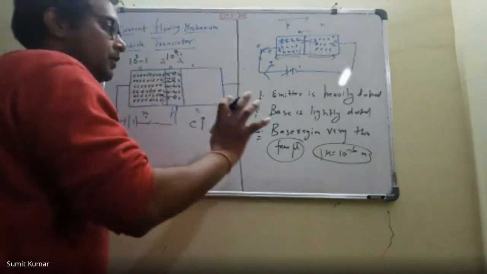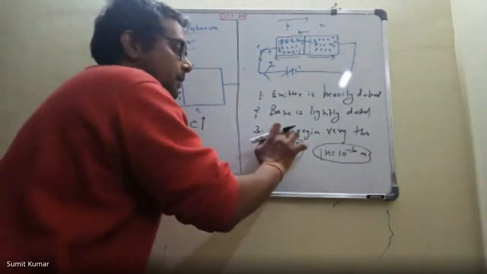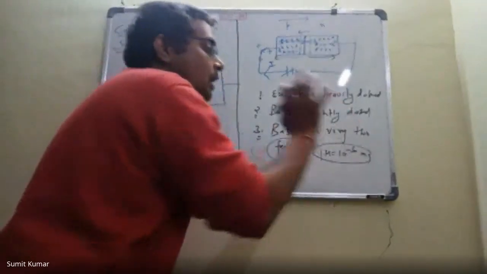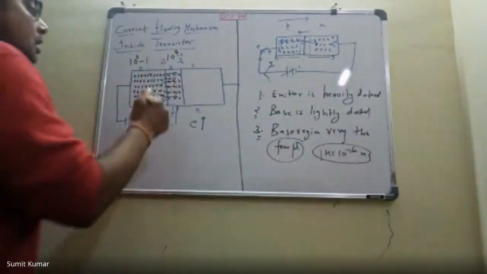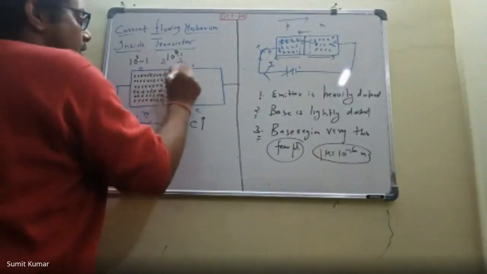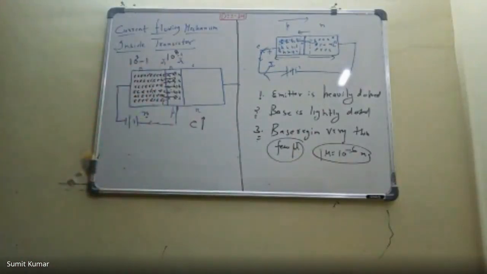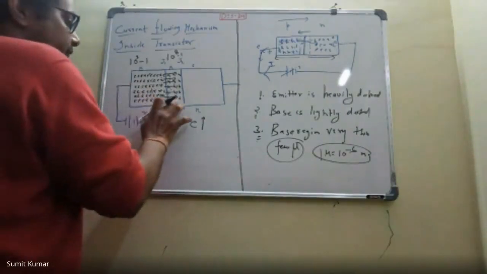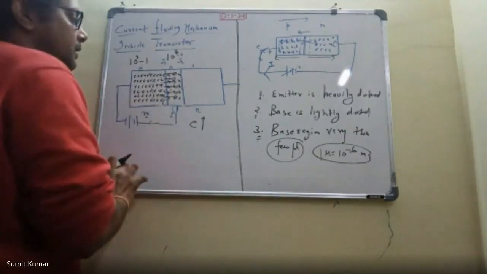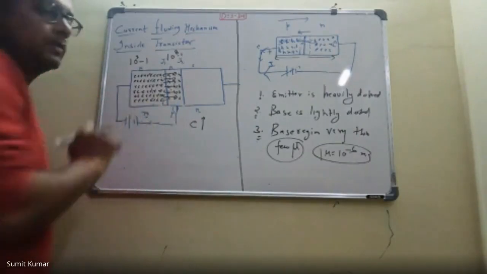But what we are doing here is deliberately making this base region very thin. So what will happen? They will cross this base. In order to make the electrons coming from the emitter side cross this base, we have made this base region very thin. Very thin.